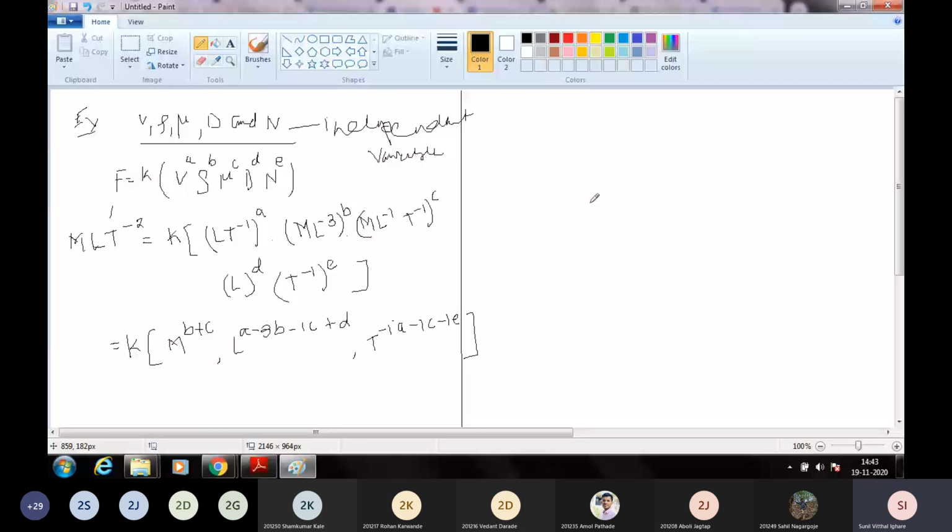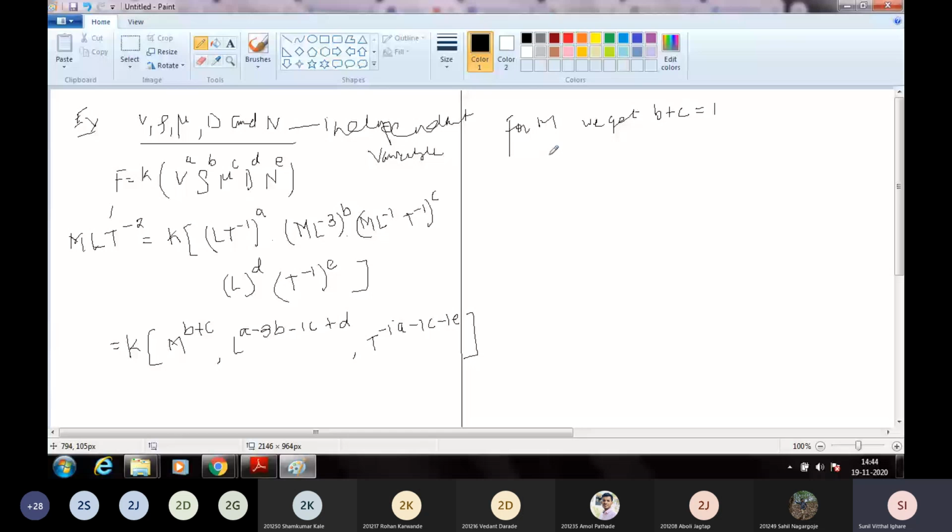Can I write for M, okay, we get B plus C. Okay, M: B plus C is equal to, in the left hand side, what is the value of M? That is 1, M raised to 1.